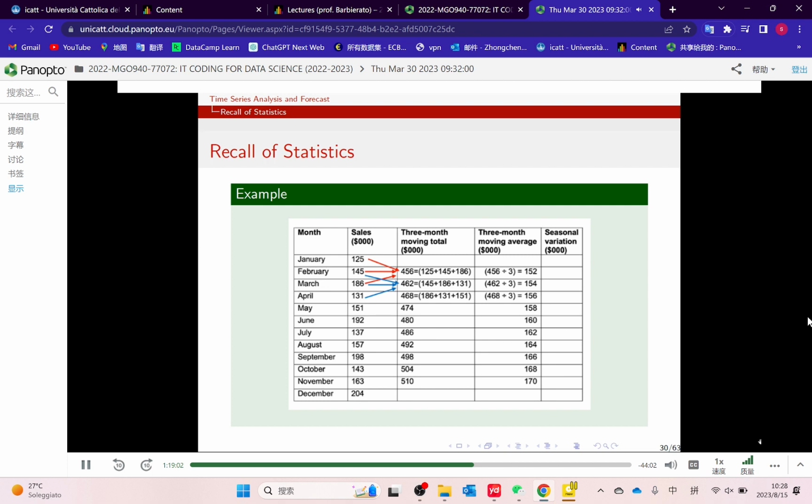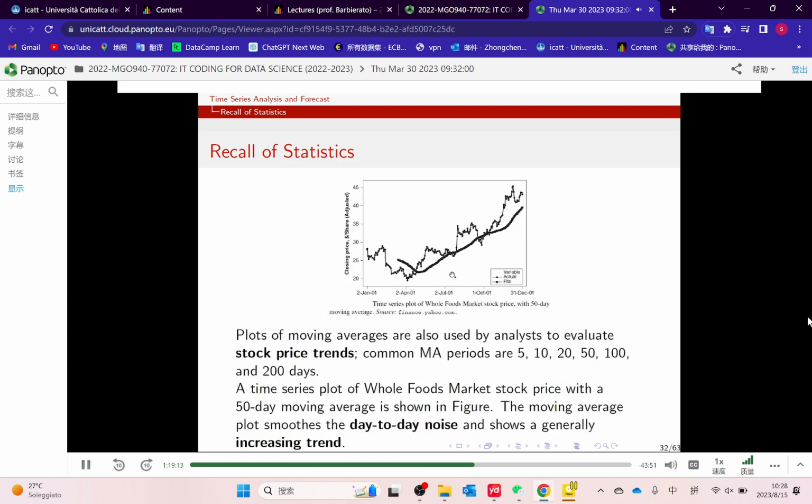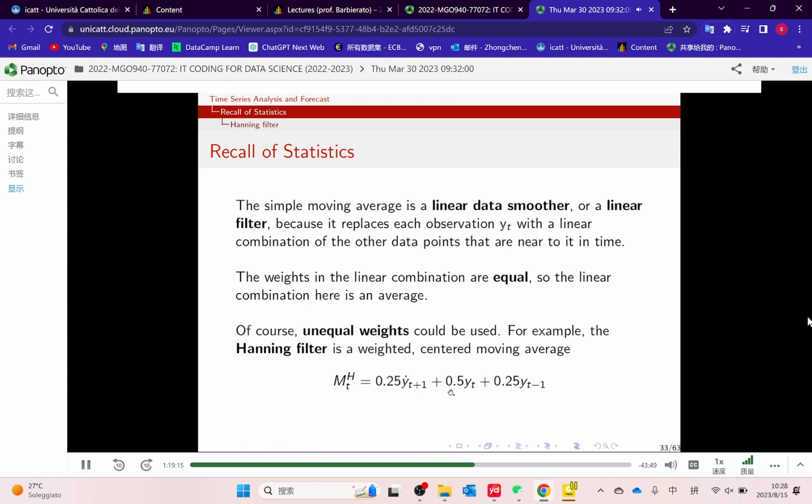Now, someone might say, fine, that means that the weights of this sliding window are all identical and they're all set to 1. But there could be another approach where the weight is different. The weight could be 0.25 for January, 0.5 for February, etc. So you give a different weight to the month.